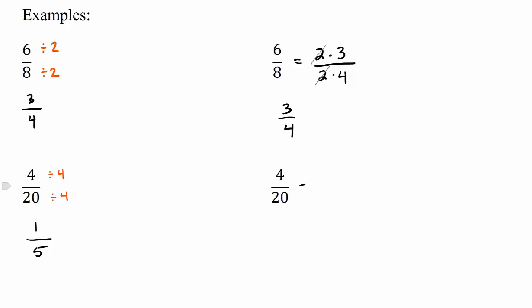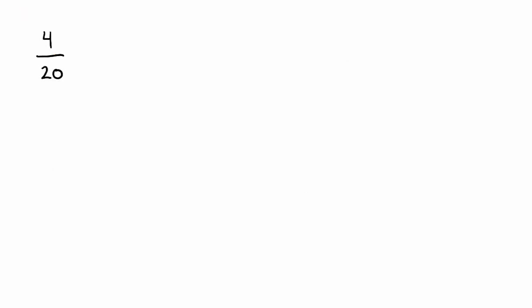If I were to write this in factored form, I could just leave 4 as the 4, but I can write 20 as 4 multiplied by 5, and then when I do the division, 4 divided by 4 is a 1. Because there's nothing left in that numerator, I am going to put the 1 there that they divide to, just so that I don't forget to put it there. And there's my final answer of 1 over 5.